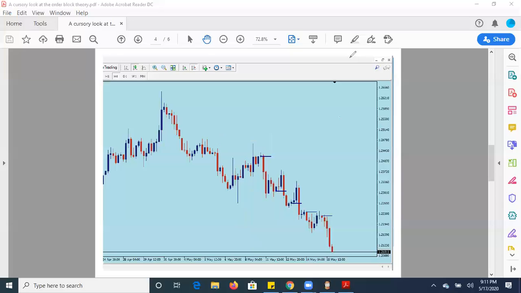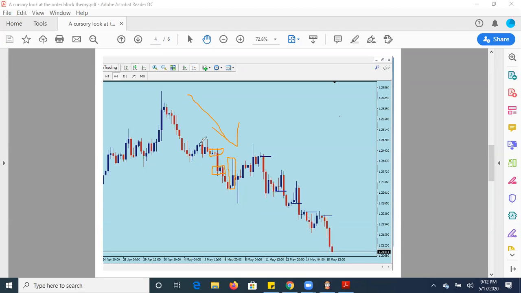I'll explain again. And of course, if you have questions after I'm done explaining, people ask. So the predominant trend was bearish. We have this as an order block. We have this as an order block. And of course, we have the whole of this wick candle as an order block.